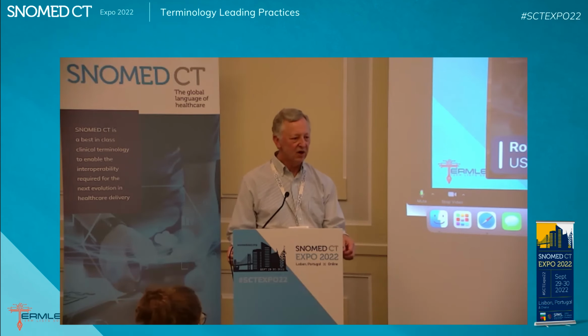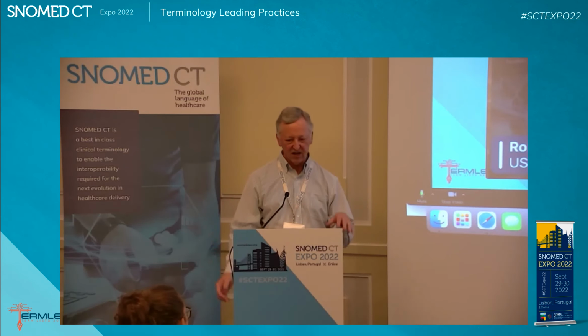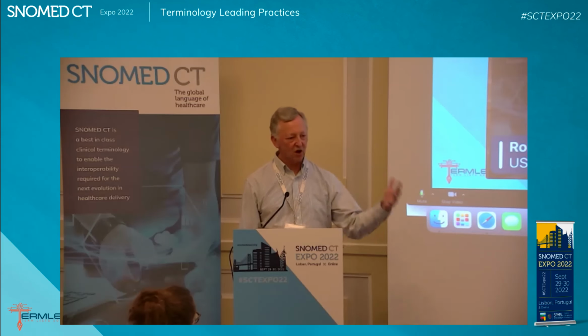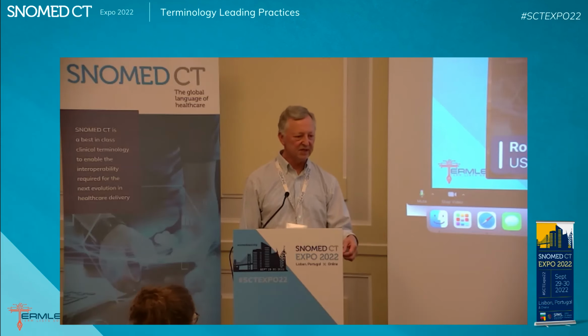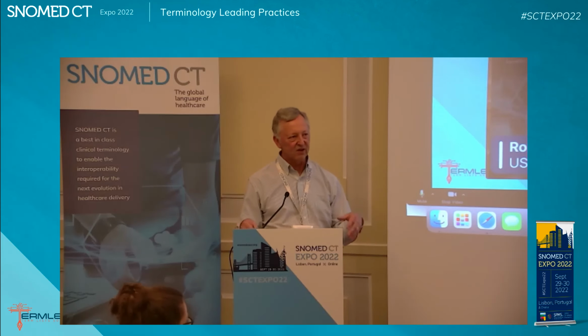The problem is that medications, particularly prescribable ones that a patient is actually going to be taking, are all so localized, so nationally based. Everyone has their own terminology. We've got RxNorm in the US and dm+d in the UK, and I don't know all of the other ones that are out there, but there are a lot of them, and they're really not the same. So you can't just pick one.